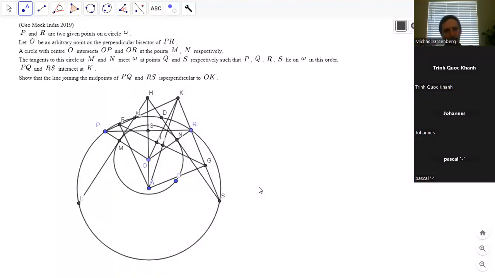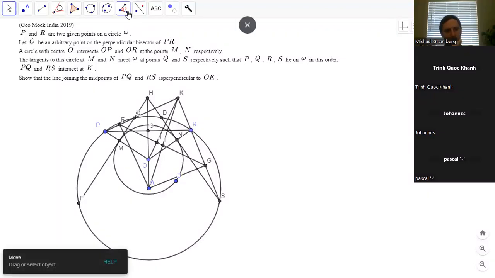So if that were true, yeah, then it would also take KFA to KJG. I wonder, does O correspond to S in that spiral similarity? I could check that.